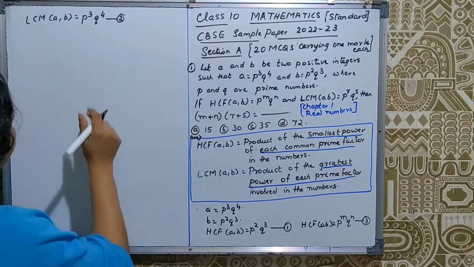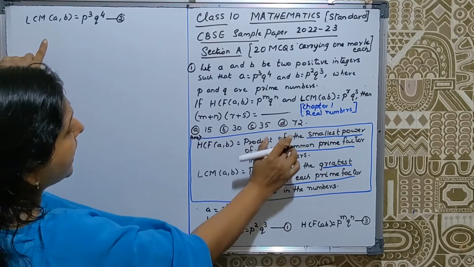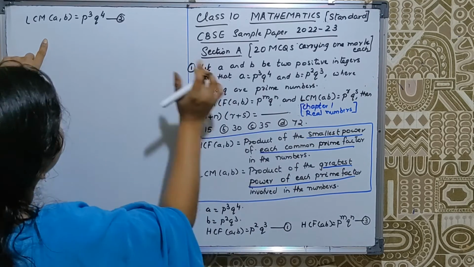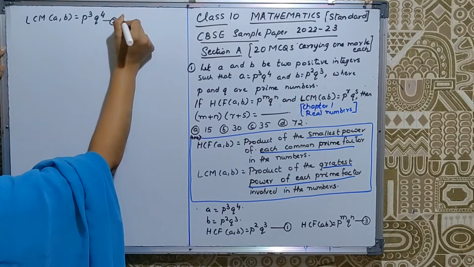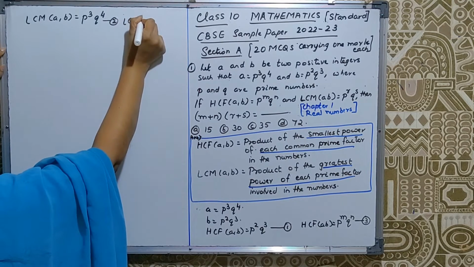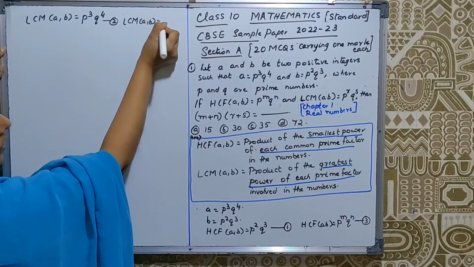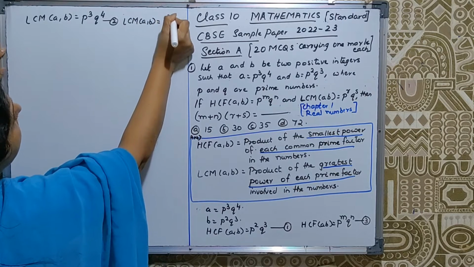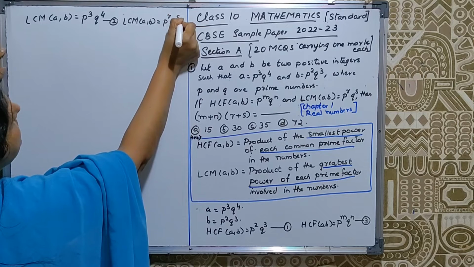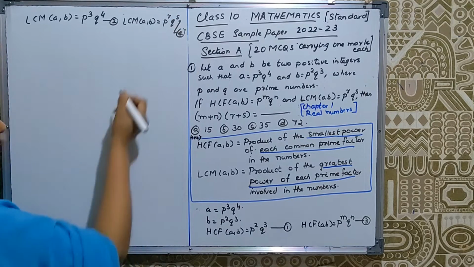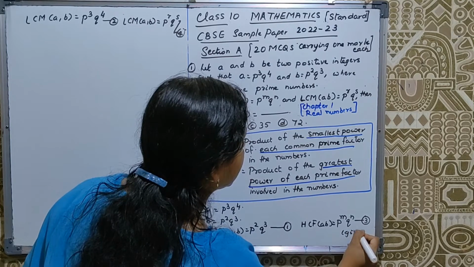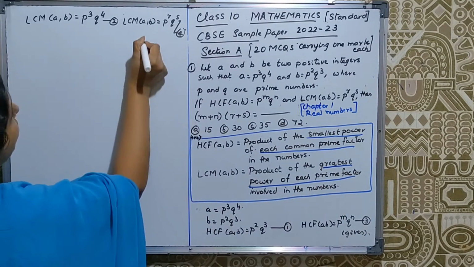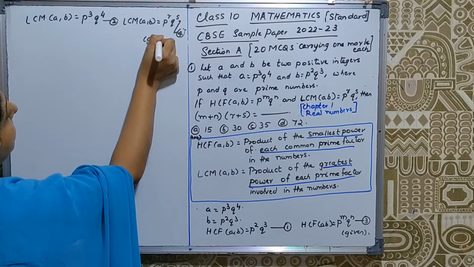Now, in the same way, LCM of A comma B equal to P raised to R Q raised to S. This is equation number 4. These two equations, number 3 and 4, were the given data. So equation number 4 also was given in the question.